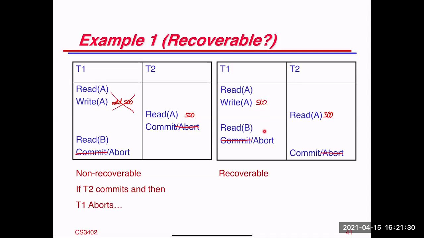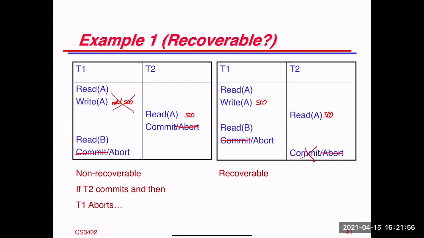So this is going to be undone. And then actually, I won't be able to commit this transaction. In fact, this transaction won't commit in that case because it has read a value that was written by an operation that has been undone. And therefore, I wouldn't commit this transaction. Okay, so I would abort it.